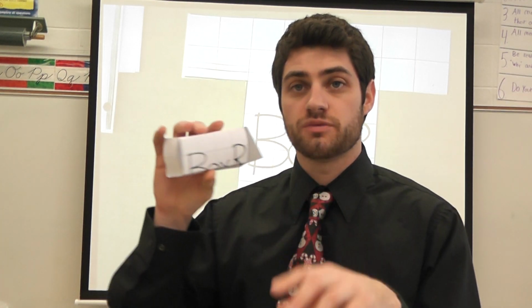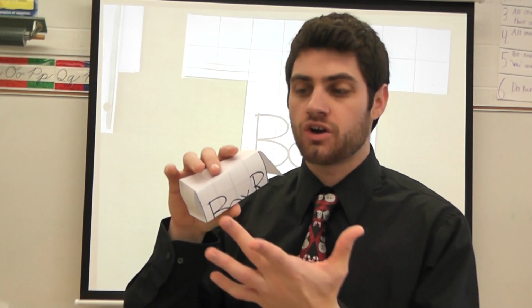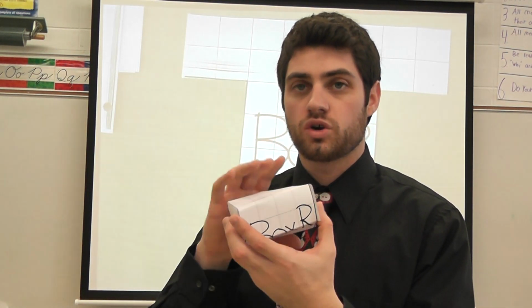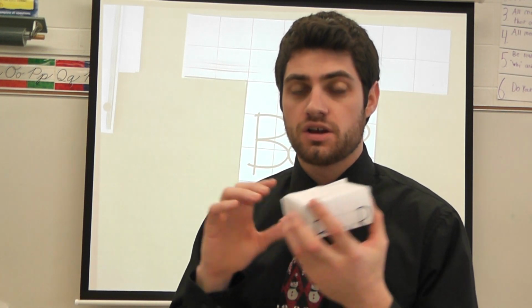Then 4 on the side is 36. And another 4 on this side would be 40. So the surface area of this is going to be 40, based off of all the faces of this 3-dimensional figure. Remember, when you're counting these, do not forget to count all sides of your box, all the faces that are on there. Okay? Let's take a look at the volume.